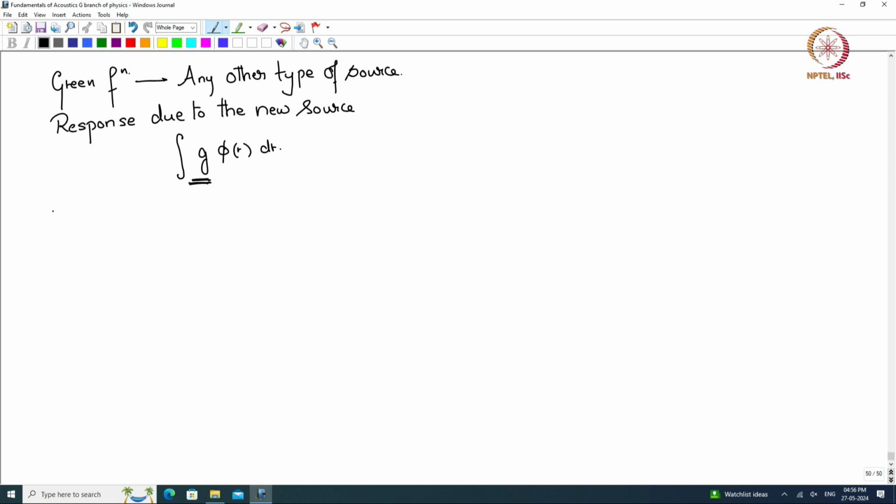Now, so far we have spoken only about small g, which is, let us say, g(r, r0), and which has the form e to the power of minus j k |r minus r0| by 4 pi |r minus r0|.